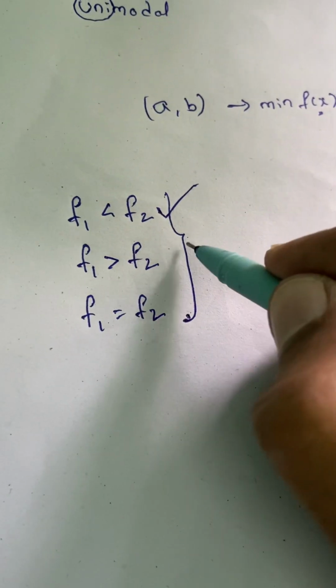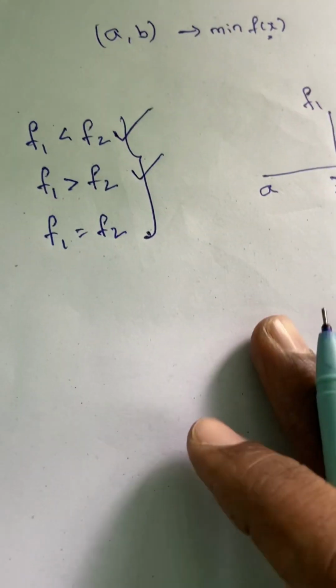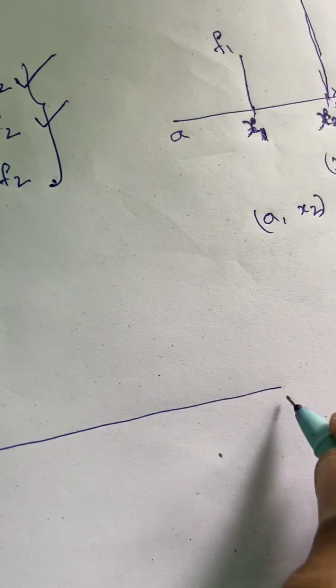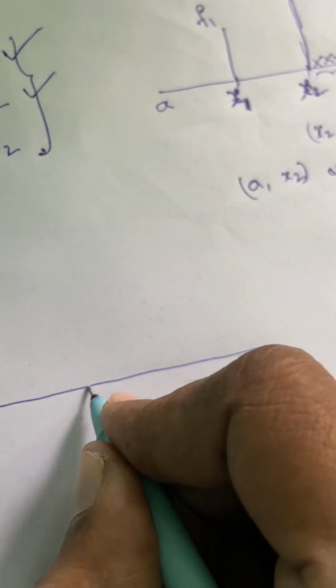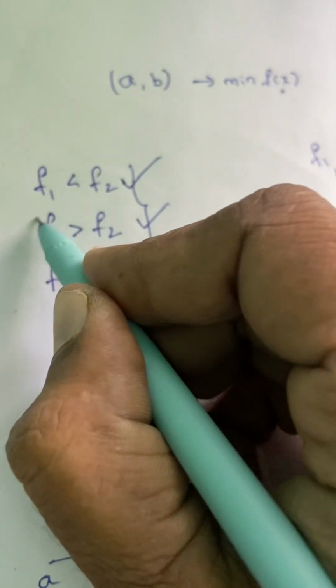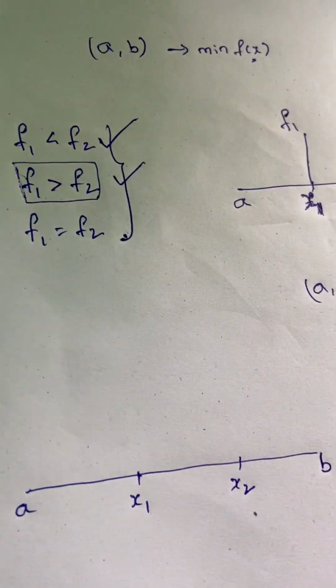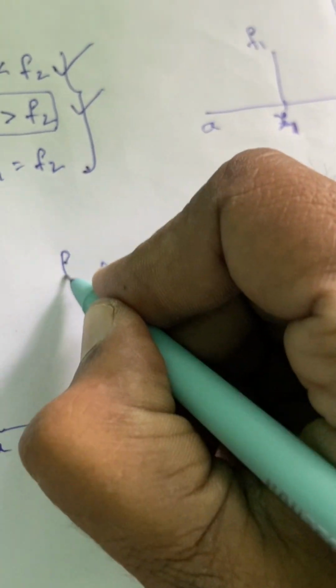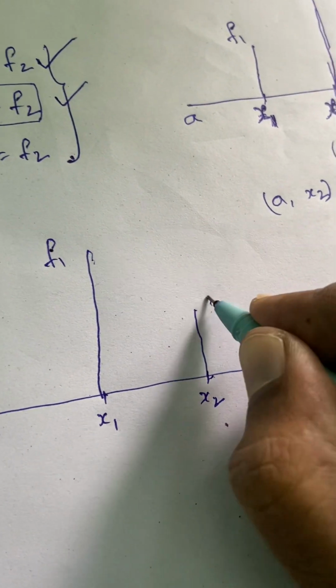Then if you go for f1 greater than f2, what happens? If you take the interval a comma b and evaluate the function at points x1 and x2, with the condition f1 greater than f2, this is f1 and this is f2.